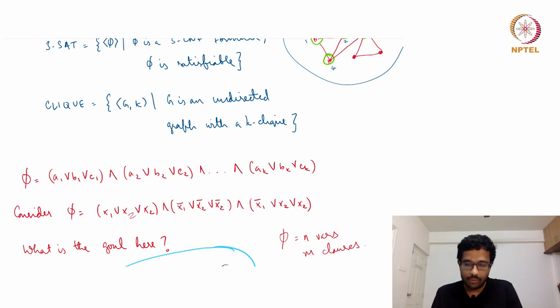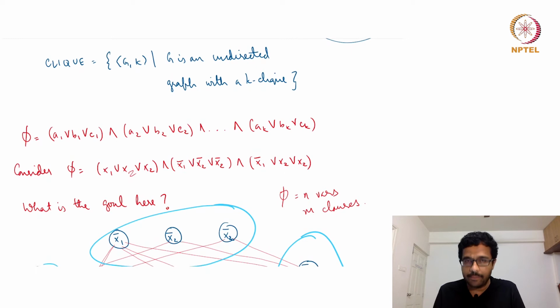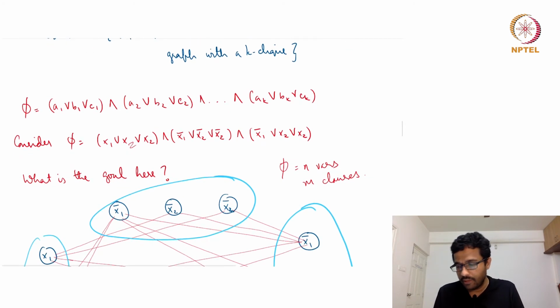Same thing for B1, it could be x2 or x2 complement, x1 or x1 complement, and so on. Same thing for A1, B1, C1, A2, B2, C2, and everything. So for instance, one example is, consider phi to be the following. I'll give you a pictorial depiction of this example also. This example is also there in Sipser.